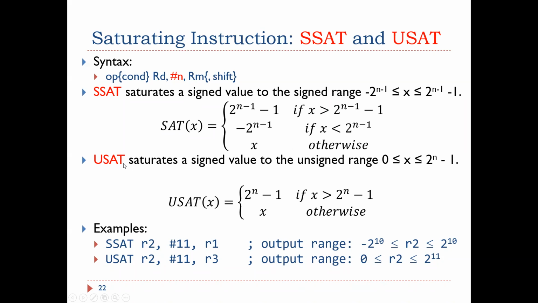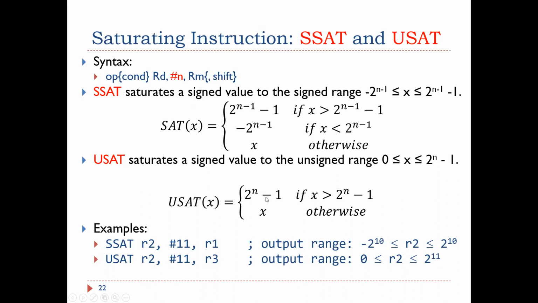For unsigned saturation, obviously here you can see there is no negative number, there's only positive numbers. So we can specify more numbers here, and it starts from 0. So the maximum number in n bits we can represent is 2 to the power n minus 1, not 2 to the power n, because the numbers start from 0.